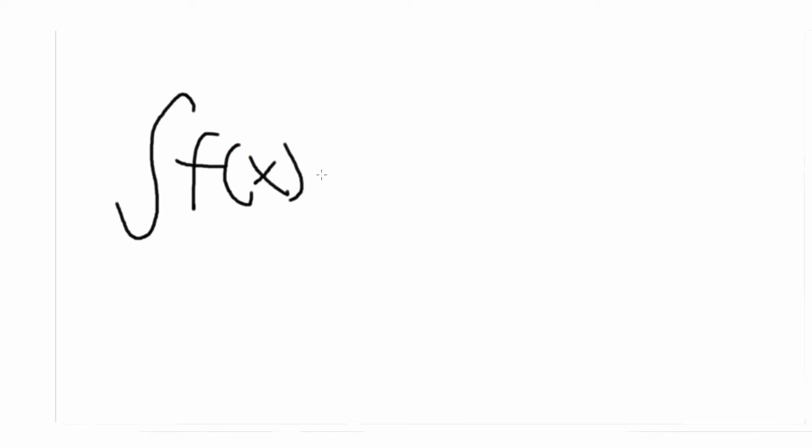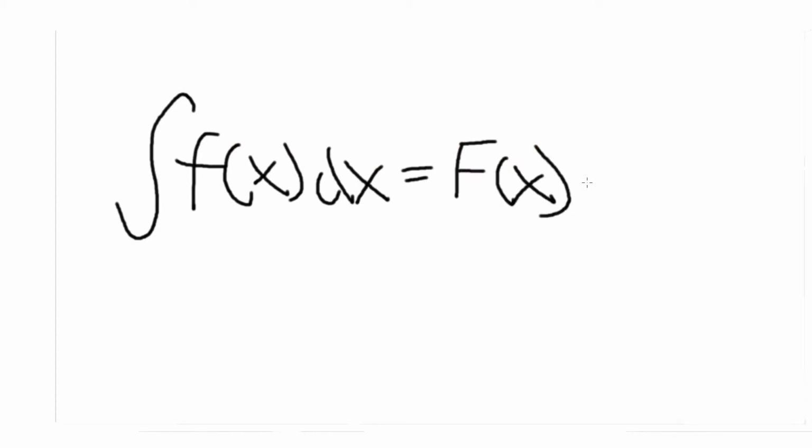To start, here is what an indefinite integral looks like. Paying attention to this, the first part is basically the sign of integration, but notice we don't have the upper limit and lower limit. And this one is the function.